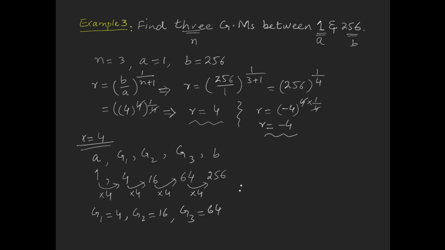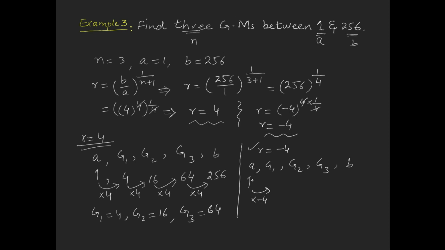and the third geometric mean is 64. Now for the other one, R is equal to minus 4. If this is the case, then A is 1 and then first geometric mean, second geometric mean, third geometric mean and B. Now each time minus 4 is multiplied.